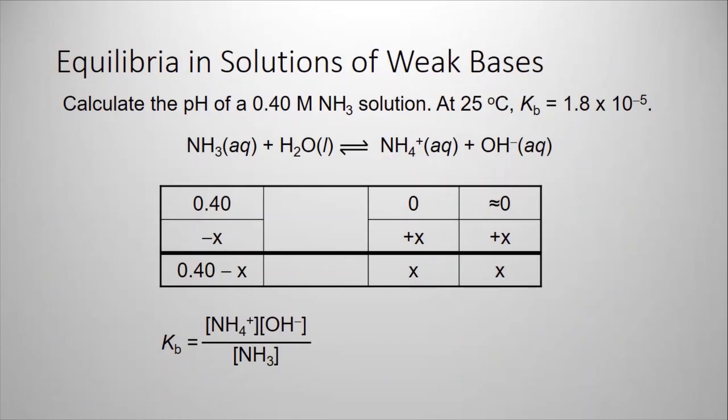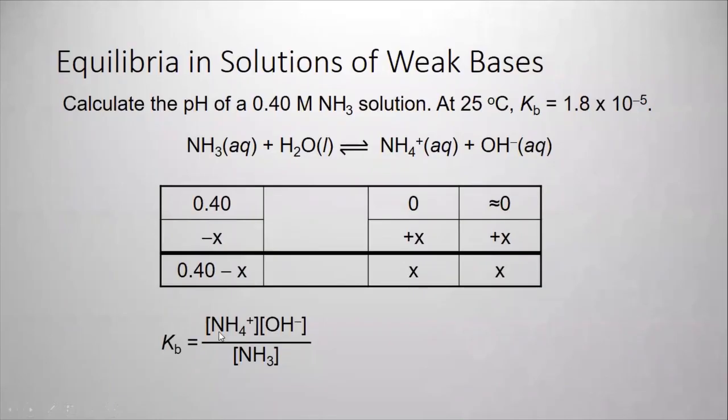When you say Kb, this is the equilibrium constant for the dissociation of a base. Any reaction that has these 2 half arrows means the reaction is undergoing an equilibrium process, which means all the equilibrium fundamentals will apply for that reaction.